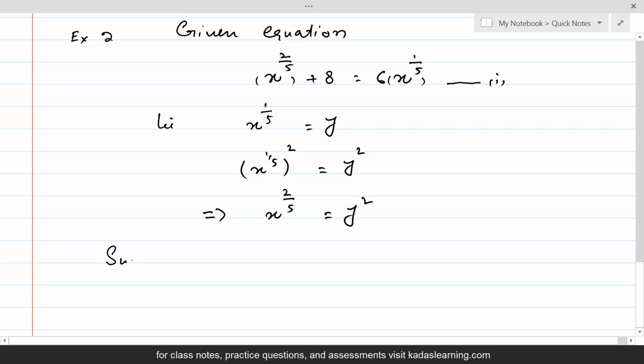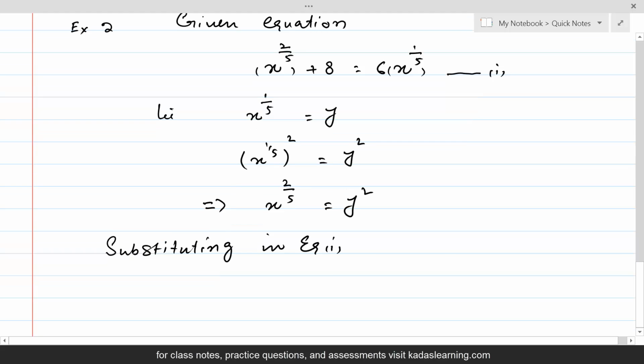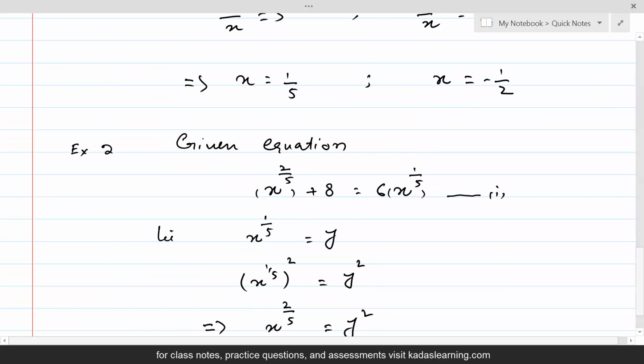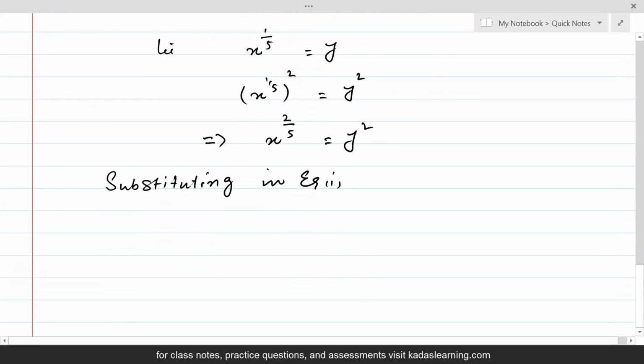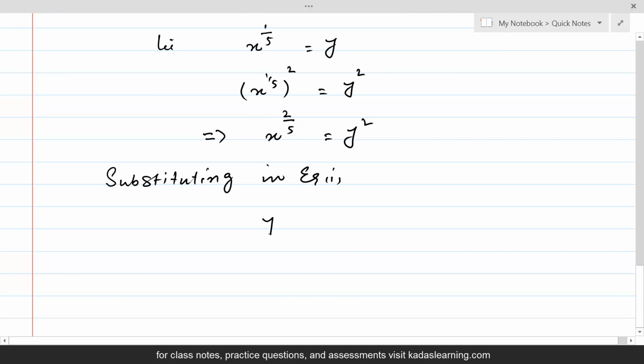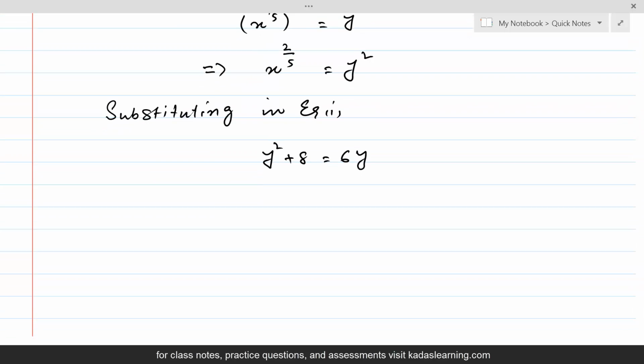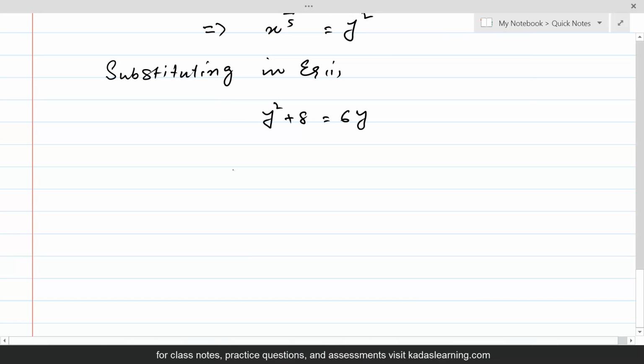So substituting in equation 1, what we get is y square plus 8 equal to 6y, which is a quadratic equation in variable y, and easy to solve because we have so many methods which we can use to solve this kind of equation.